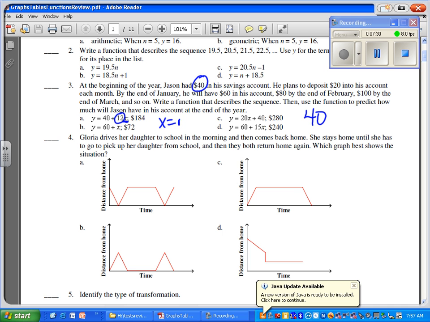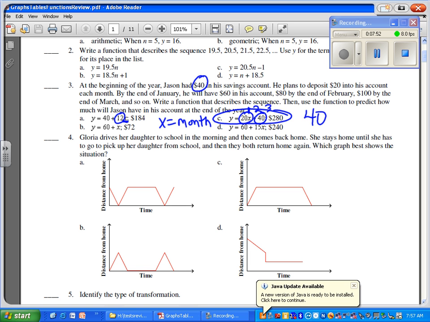So x is going to represent the month, and I'm doing $20 a month, so which one does that match? It matches C, because I have my $40 I'm starting with, and then I'm doing $20 a month, and x would be 1 for January, 2 for February, 3 for March, and I'm doing $20 each of those months.